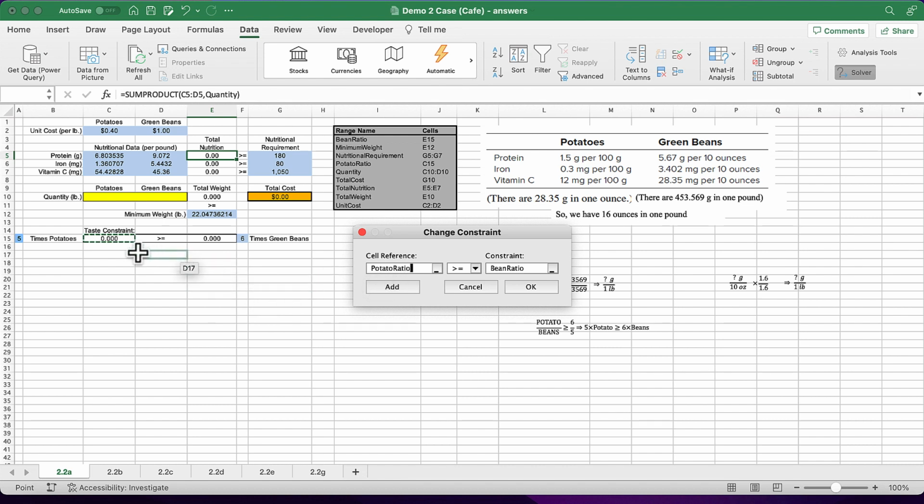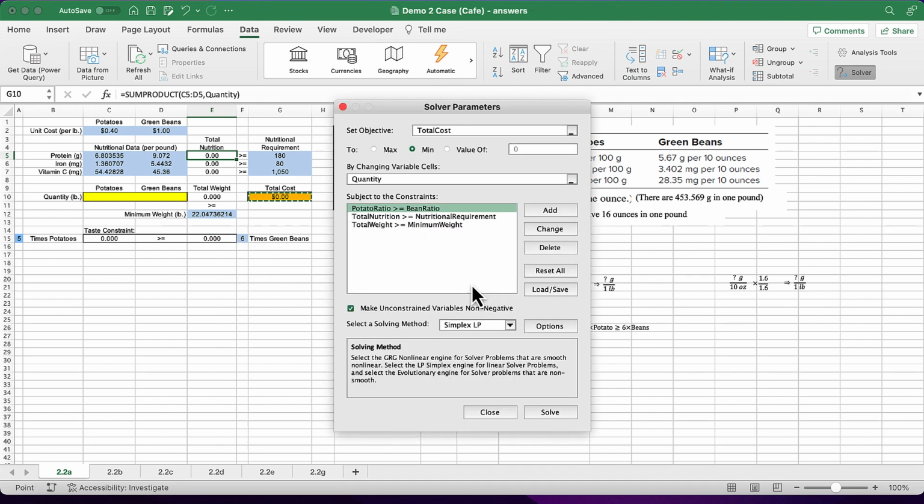This would be the total weight of the potato based on the decision and the recommended multiplier, which must be at least greater than or equal to the bean ratio, which is actually this part of the spreadsheet. So let me just be clear: you see that this is the part of the spreadsheet that gets highlighted.